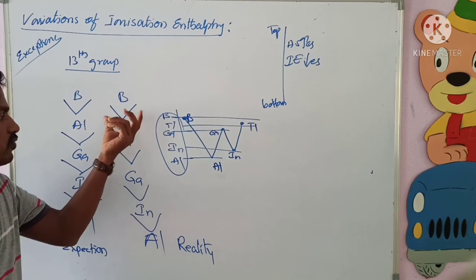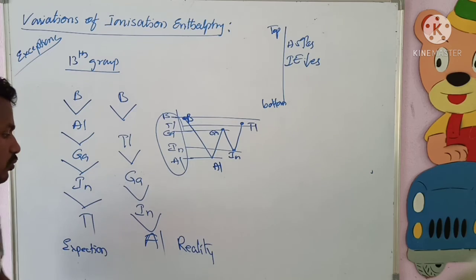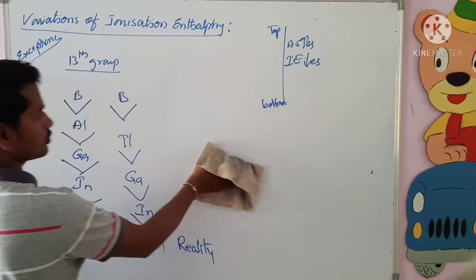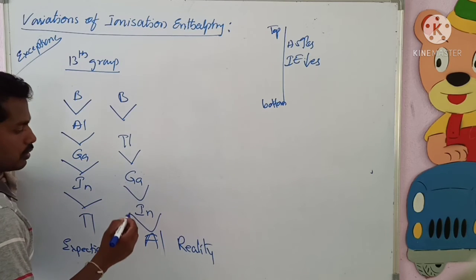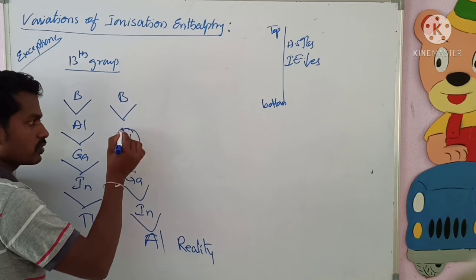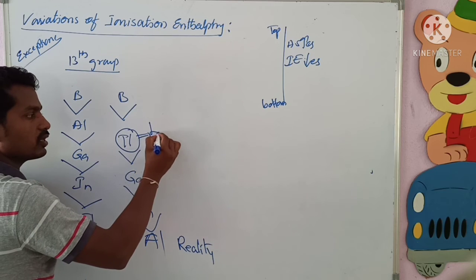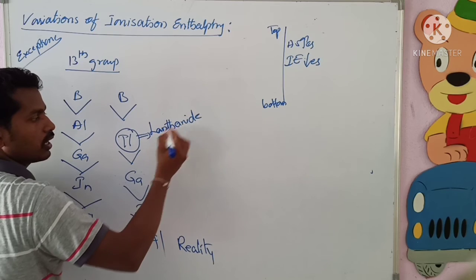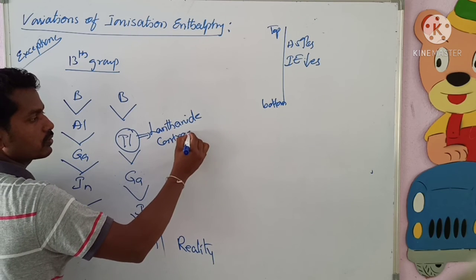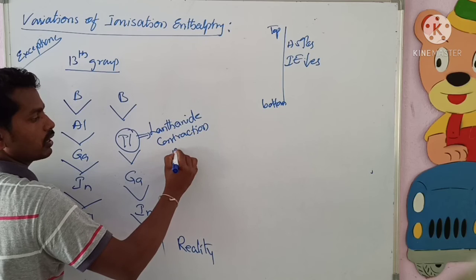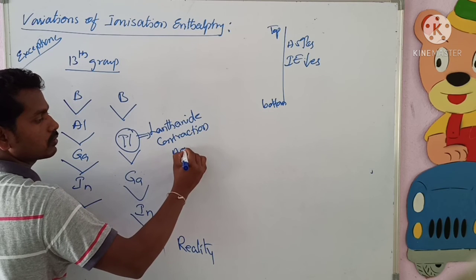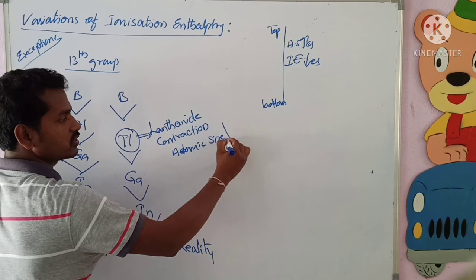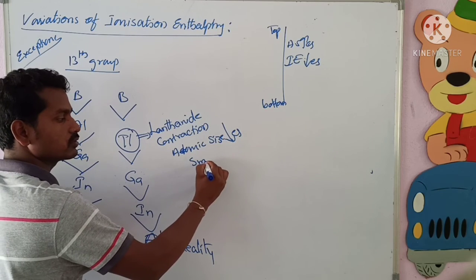The reason is that in thallium, due to the lanthanide contraction, the 4f elements, the atomic size decreases.